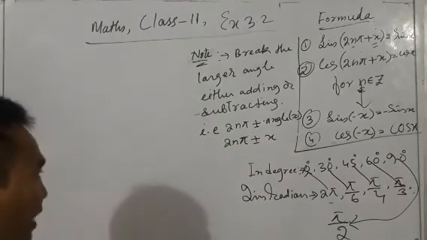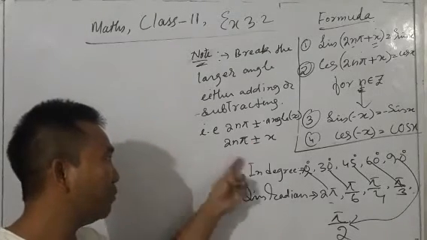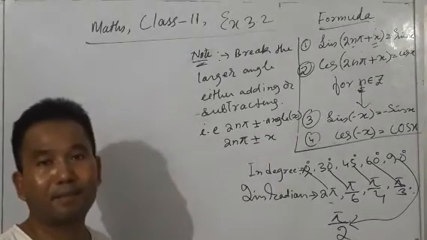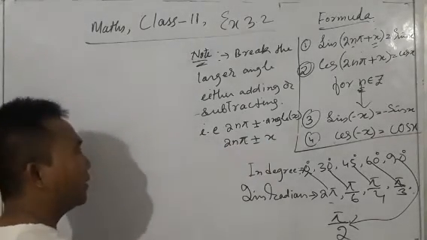Suppose the angle is named x. If we are adding, we write 2n pi plus x, and if we are subtracting, it will be 2n pi minus x. That is it.